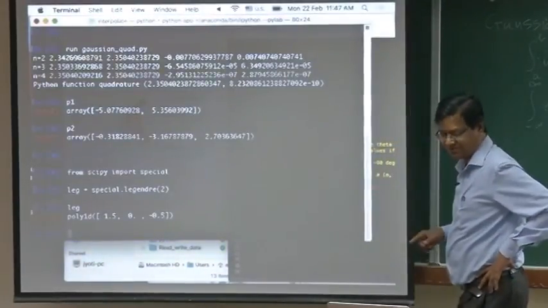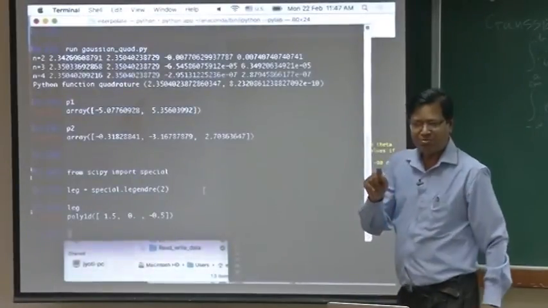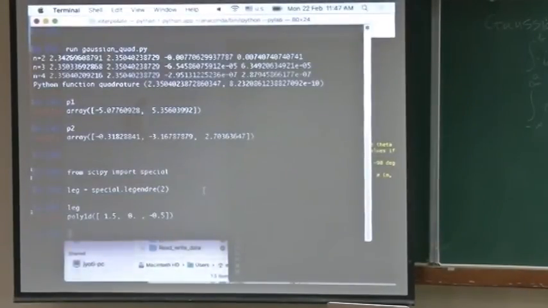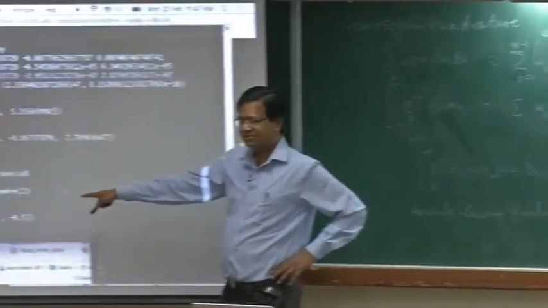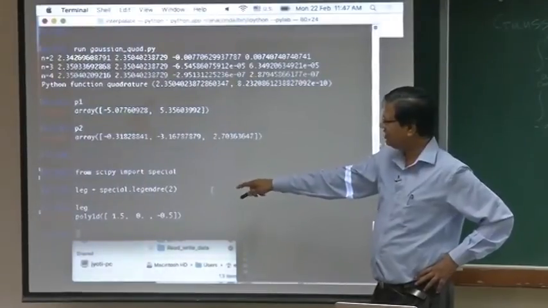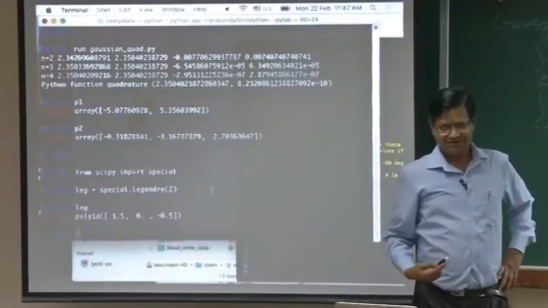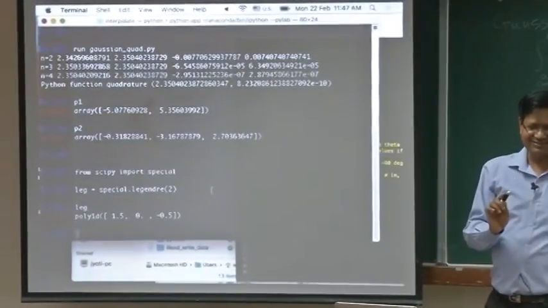So remember what was it? So Legendre 2 is 3x squared minus 1 by 2. Okay, so you can construct from here. So 3 half x squared, 0 x, minus half.